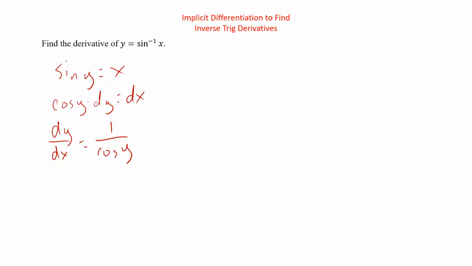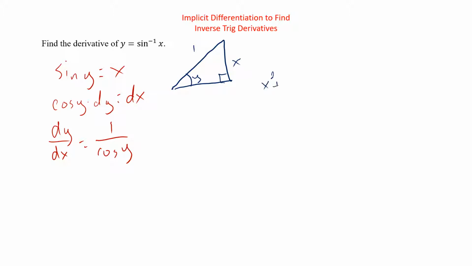We have sine of y, but we can use that sine of y because if you remember trig, that deals with right triangles. Y is going to be an angle, and then the sine is the opposite over the hypotenuse. That would be x over 1. We can plug this into the Pythagorean theorem.